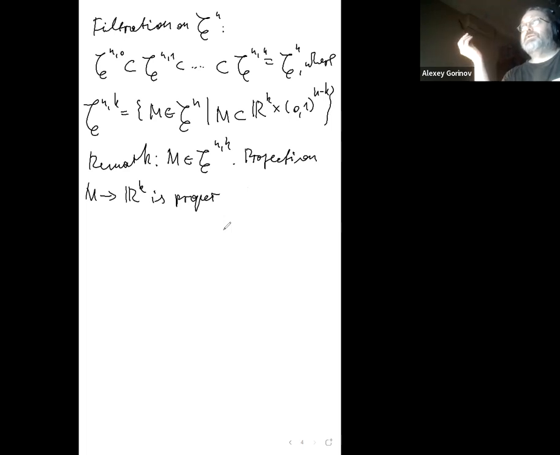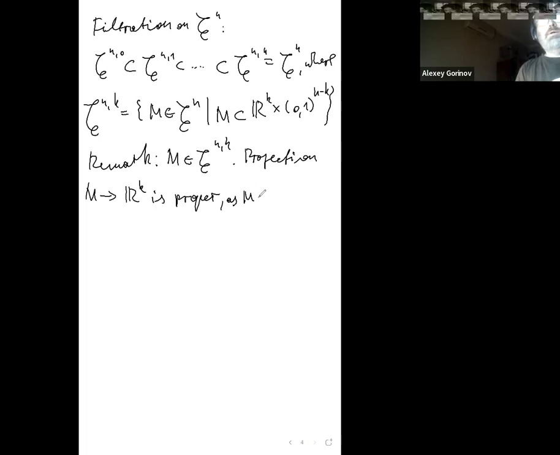Basically, the reason is the projection of M is closed in R^n. So M is also closed in R^k cross [0,1], but this time I consider the closed interval.